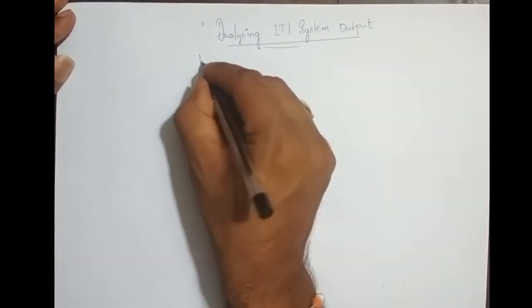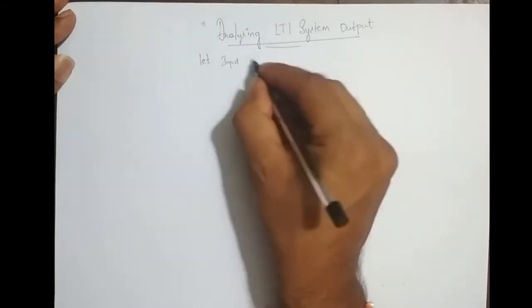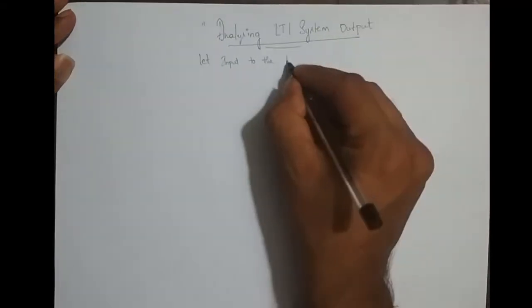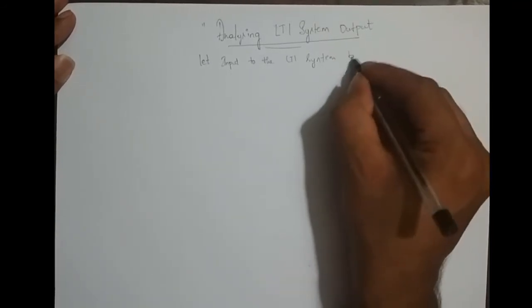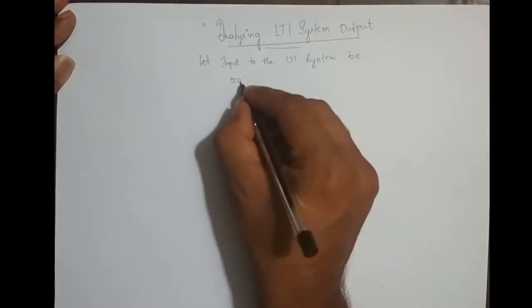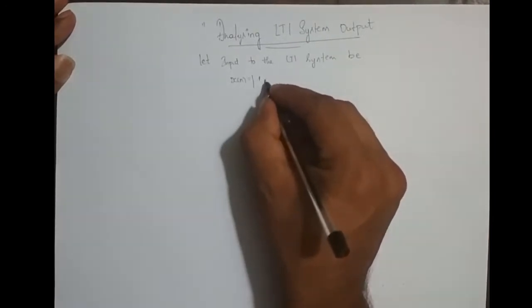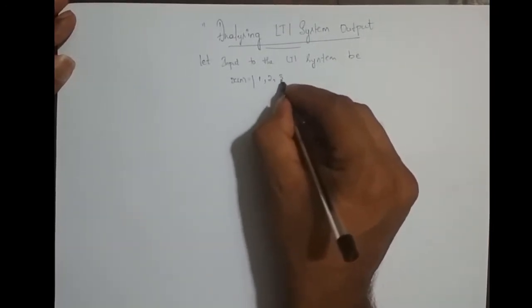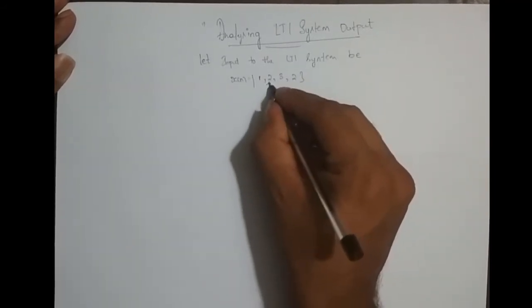So let the input to the LTI system be x of n equal to 1, 2, 3, 2, and the sample at n equal to 0 is 2.